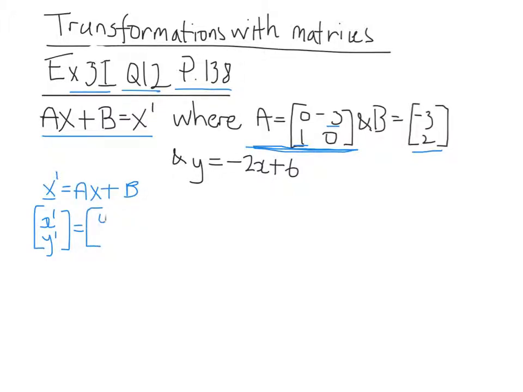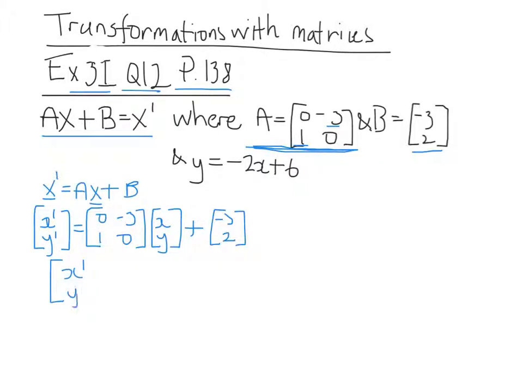Now A is equal to [0, -3; 1, 0], and in place of the x goes little x and y, and B is equal to [-3; 2]. Now, if we multiply this matrix first, we'll get -3y and x, and -3, 2.